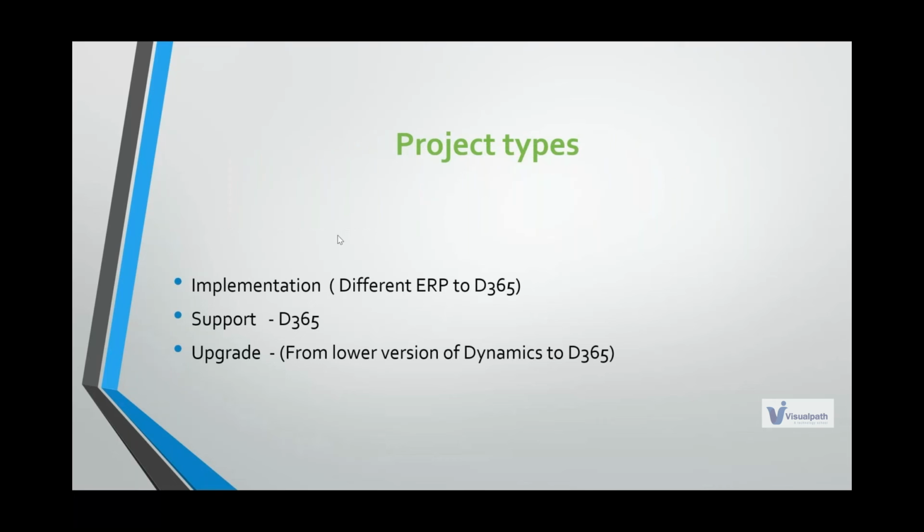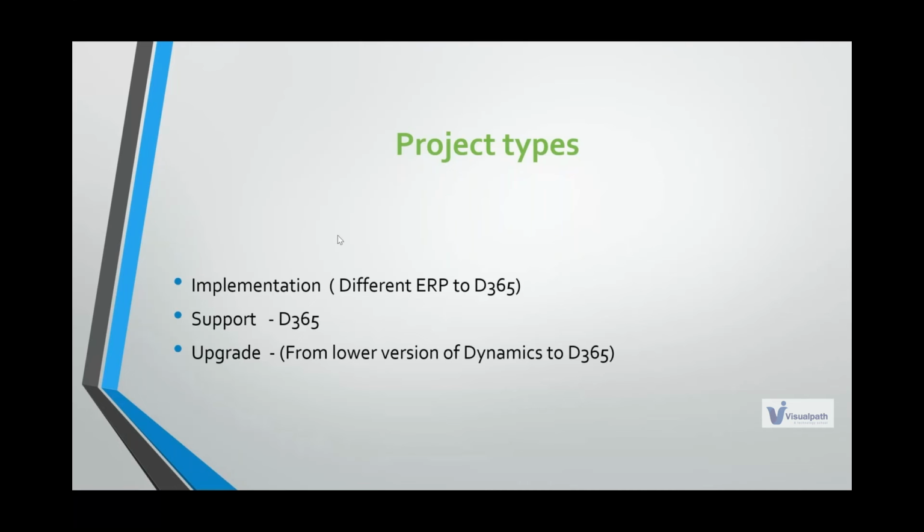Now, in Finance and Operations, we understood the introduction, we understood the benefits, right? Now, how many projects will be there in Finance and Operations? In Microsoft Dynamics, what projects will be there?